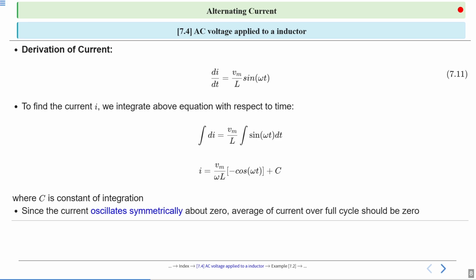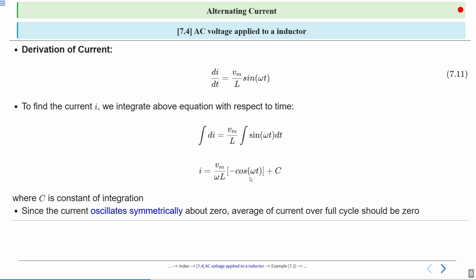Since the current oscillates symmetrically about 0, the average of current over a full cycle should be 0. We have discussed that for a purely resistive circuit it was 0, and for a purely inductive circuit it is also 0, because the current is oscillating symmetrically.